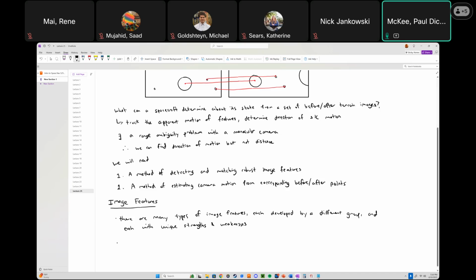Some examples are, so the big one people talk about is called SIFT, which we will spend some time on today. So some of you might have heard of SIFT features, but SIFT is not the only game in town. There's also SURF, there is ORB, and there is KAZE, and there is BRISK, and there's also what are called Harris corners, to name a few.